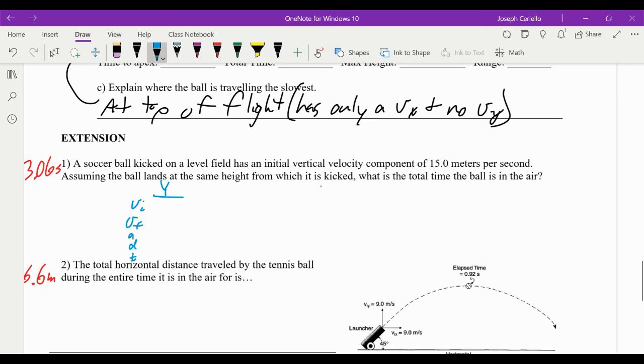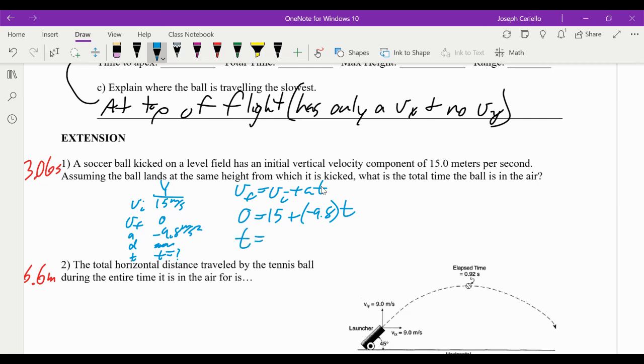So the initial velocity in the y direction here is 15 meters per second. The final velocity at the apex is 0. Acceleration negative 9.8 meters per second squared. D doesn't matter. Forget that. We'll just put a squiggly there, and we're looking for T. Okay, this will give us the time to apex. So if we use VF equals VI plus AT, VF is 0, VI is 15, plus negative 9.8 T. T is going to be our unknown, and T comes out to be, I think, 1.53 seconds.